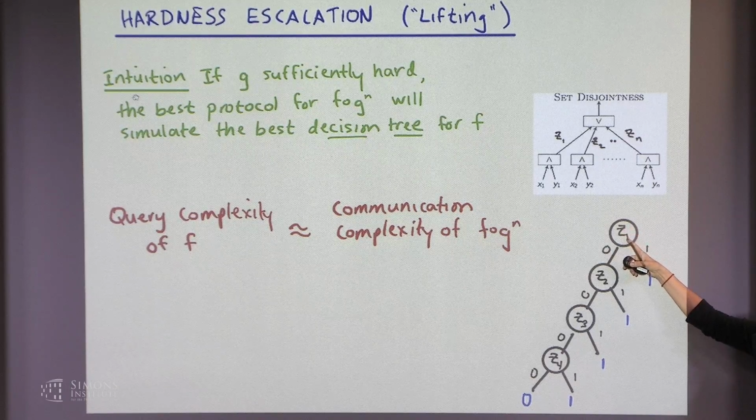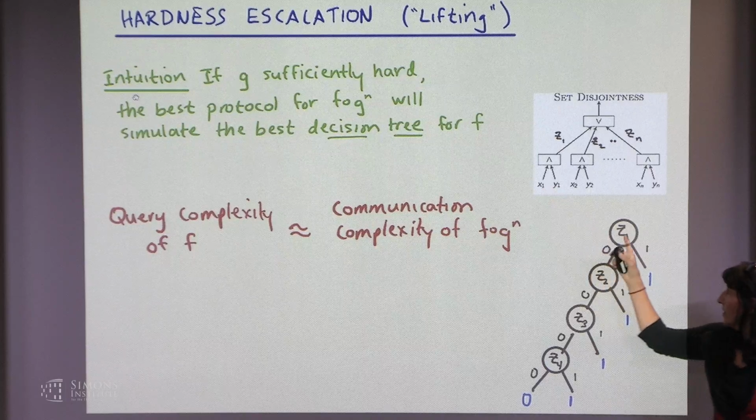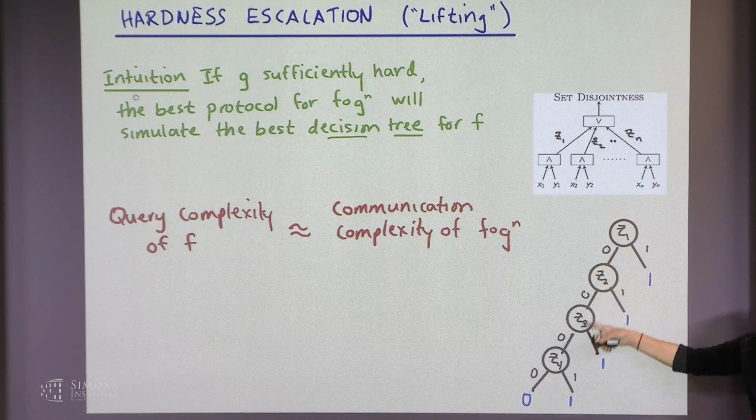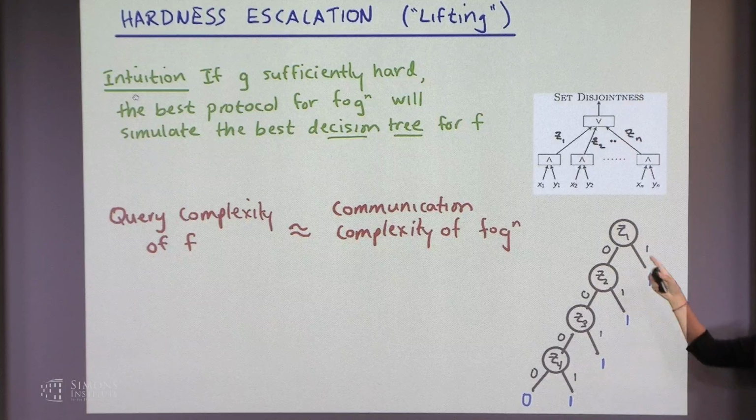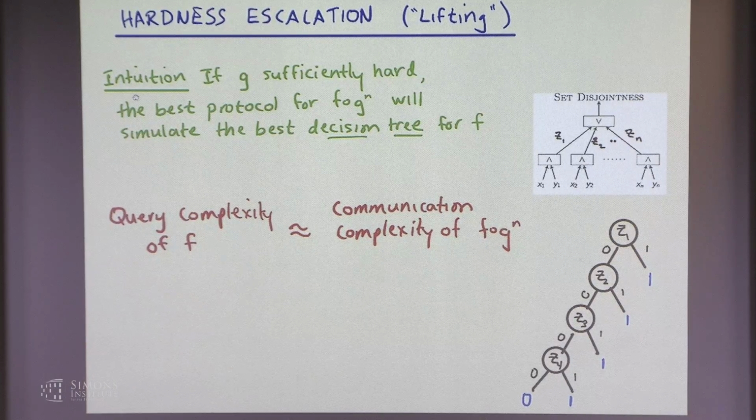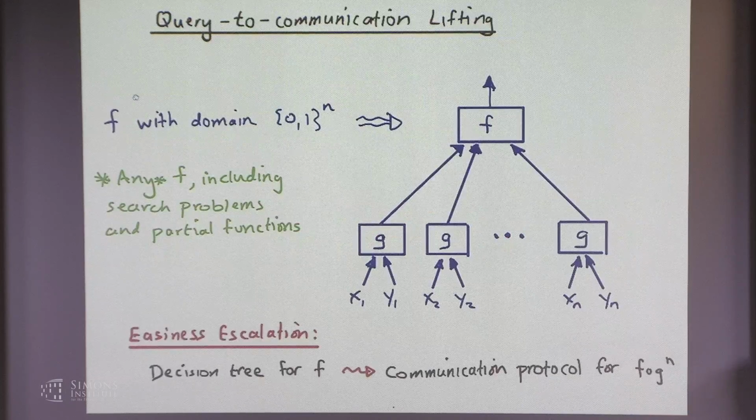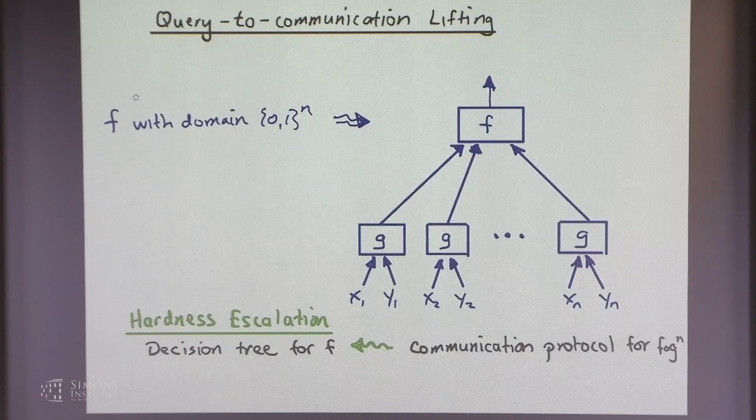So given that the first bit of f that's queried is z1, they'll run a little protocol to compute g on the corresponding bits x1 and y1, and depending on the answer, go left or right, and so on. So the communication complexity will be whatever the best protocol is for one of these little gadgets times the height of the tree.